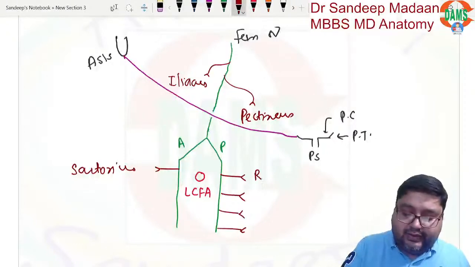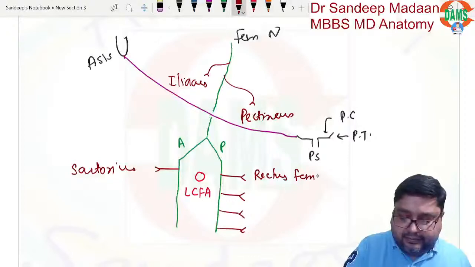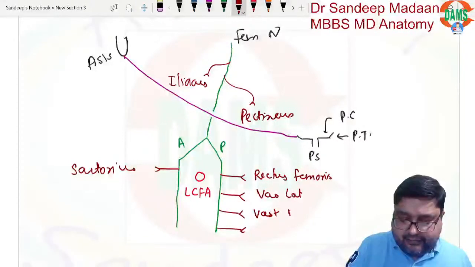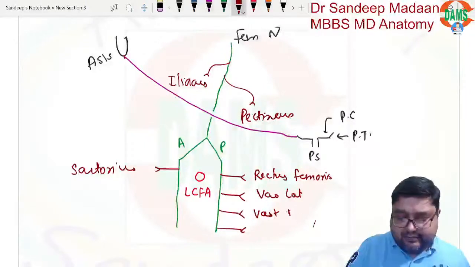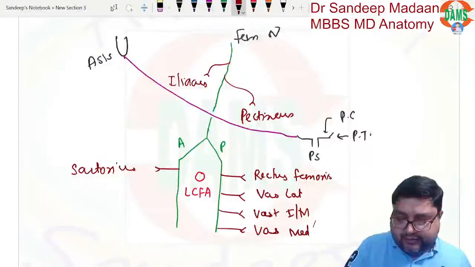In the quadriceps femoris, we have rectus femoris, we have vastus lateralis, we have vastus intermedius, and vastus medialis.